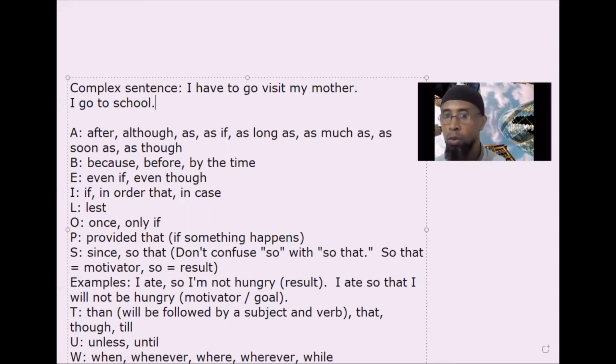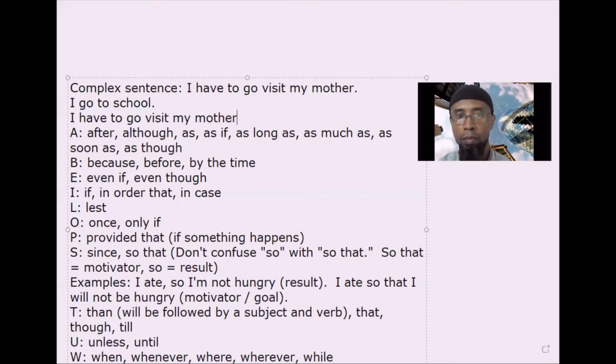If I use fanboys, then I'm actually making a compound sentence. For instance, we can use for, and let's use and, which is a simple one to add to any sentence.